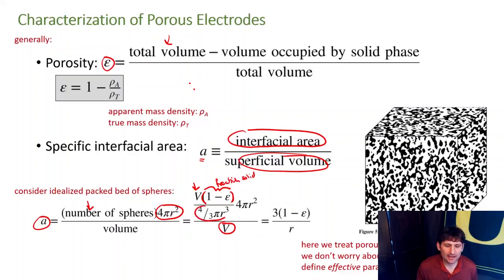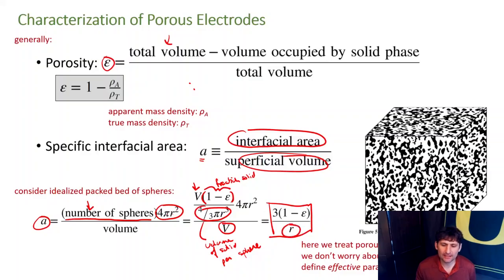And dividing by the volume of solid per sphere. Okay, so if we divide the total volume of solid by the volume per sphere, this will give us the number of spheres. This leads to a nice expression where you can estimate the specific interfacial area A from purely the radius of the sphere and the porosity.